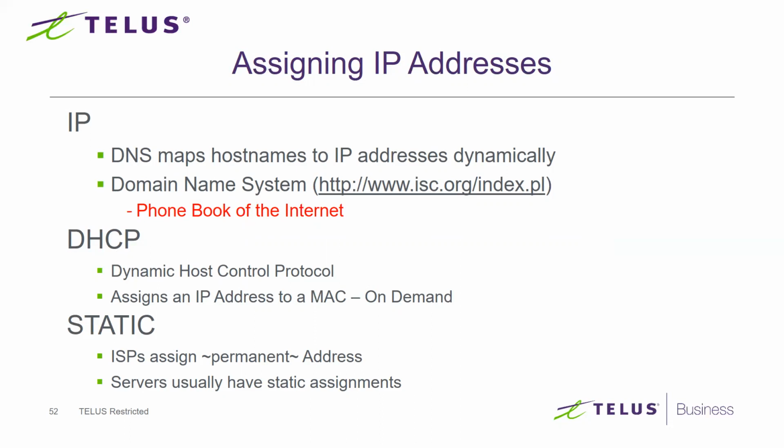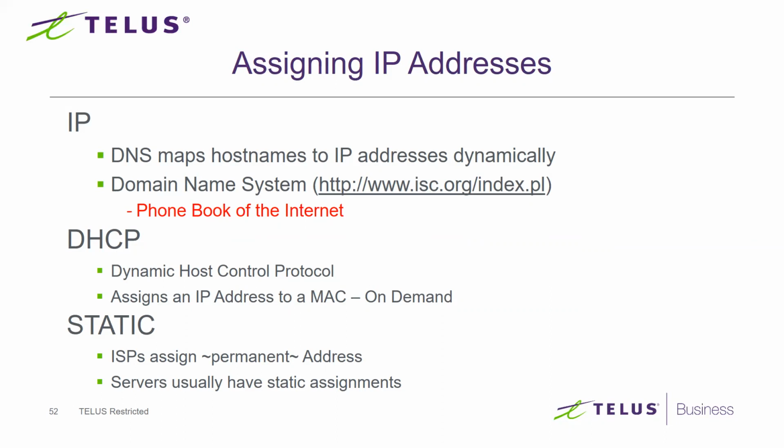Now, the host name is mapped to an IP address, and it will do lookups, through the internet or locally, through the Domain Name System, or DNS. I like to call it the phone book of the internet. So I need to get a hold of cbc.ca. What IP address is it?